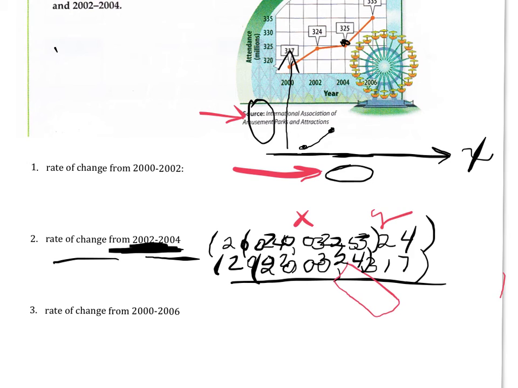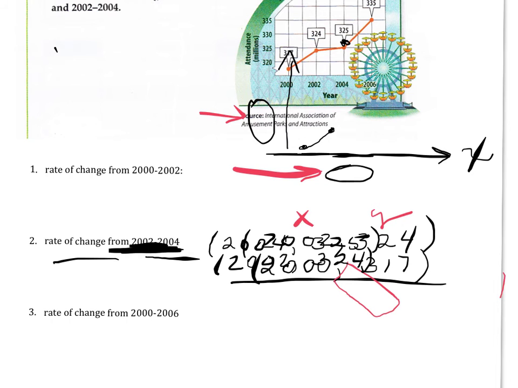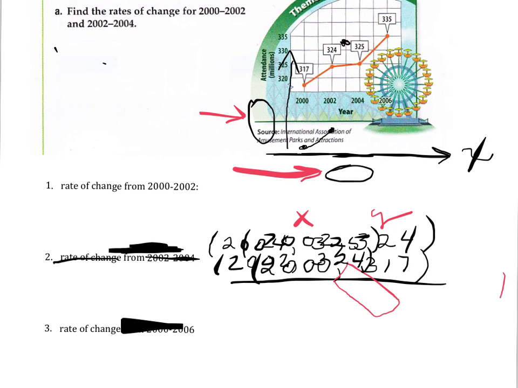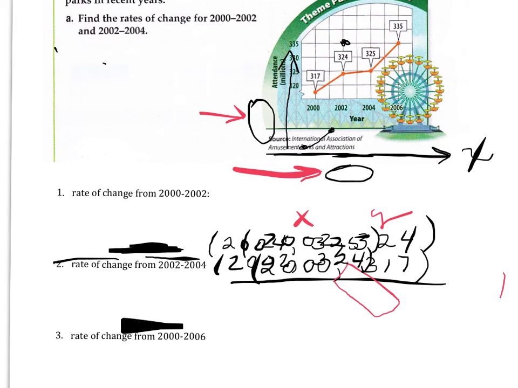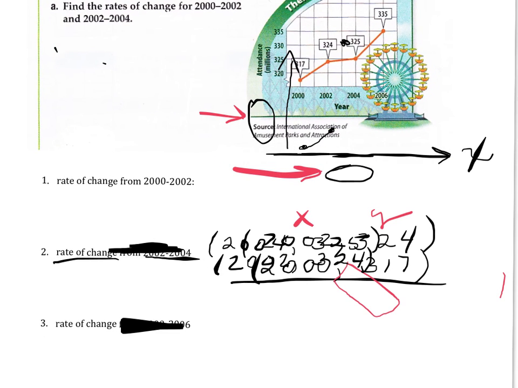Okay, finally, we need to calculate the rate of change from 2000 to 2006. So let me just get this back here. There it is. Okay, so now on your paper, I want you to do number 3. Whoa, let me fix this up. I want you to do number 3 completely on your own.